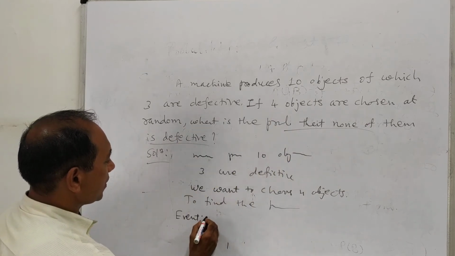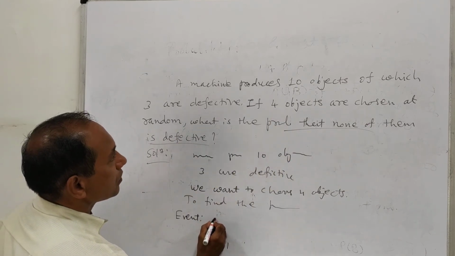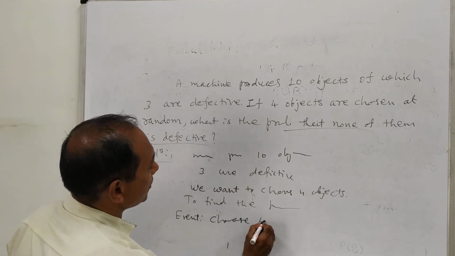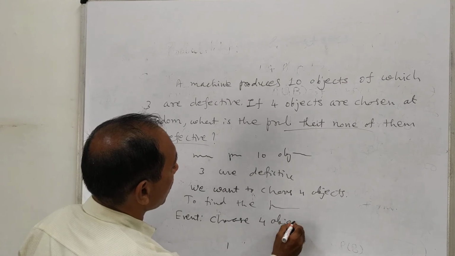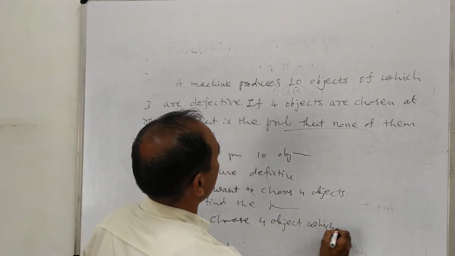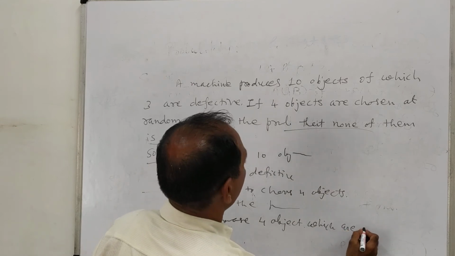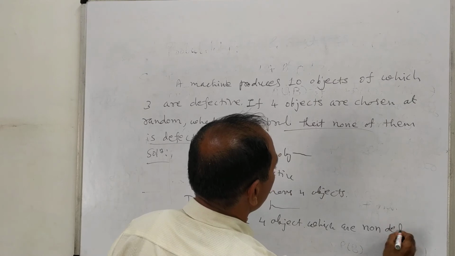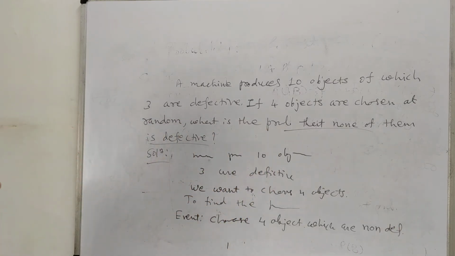That means the event is to choose 4 objects which are not defective. This is our event.